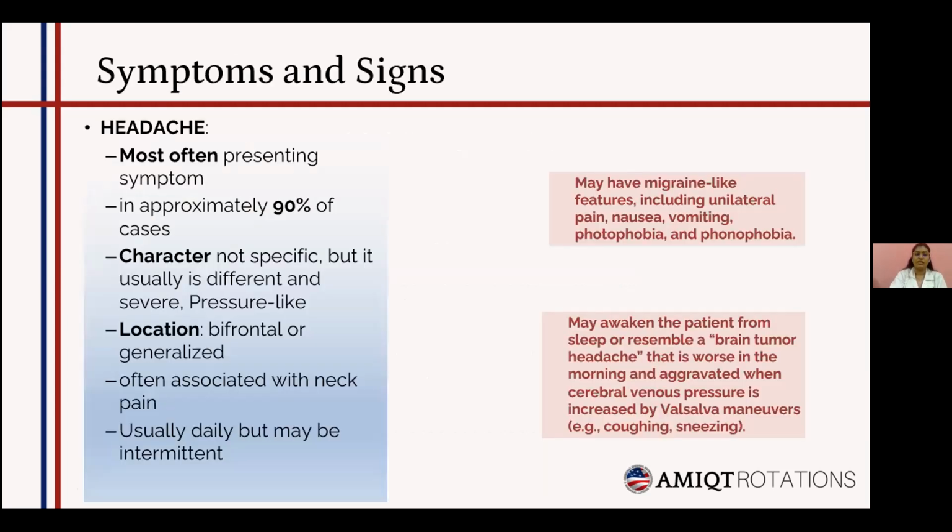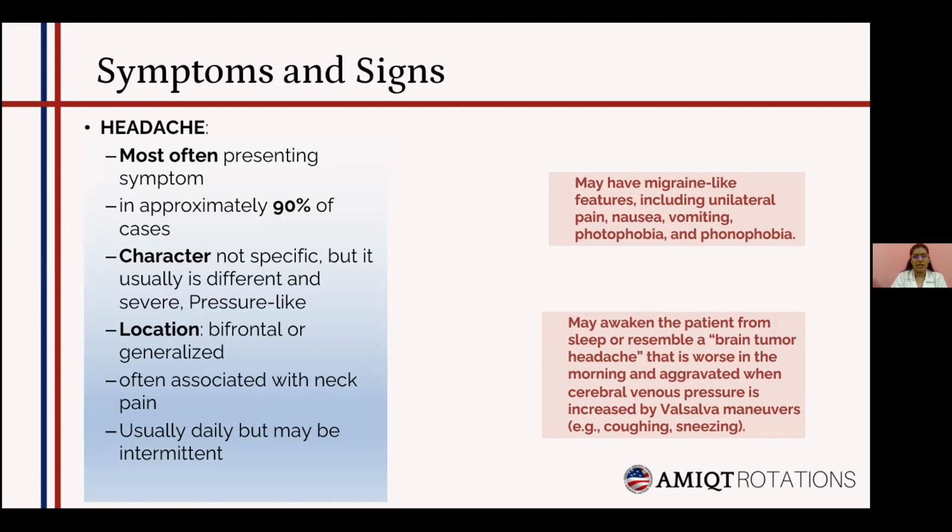Coming to the signs and symptoms, headache is the most common presenting symptom, and it is seen in approximately 90% of the patients. They usually describe it as a severe pressure-like pain in the bifrontal region, and sometimes it's also associated with neck pain.